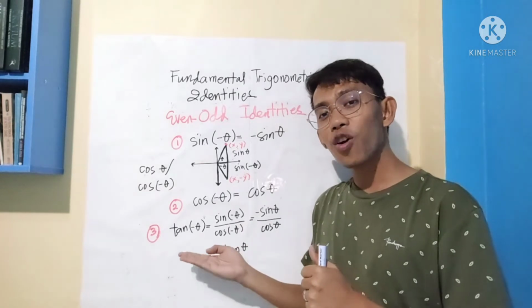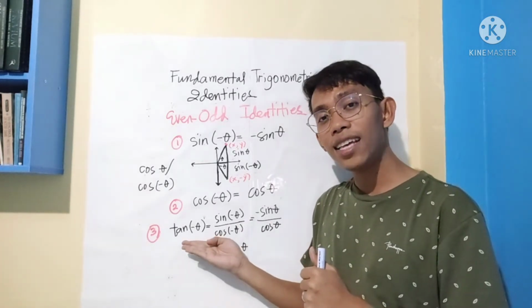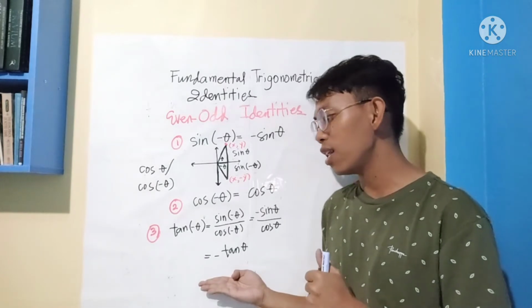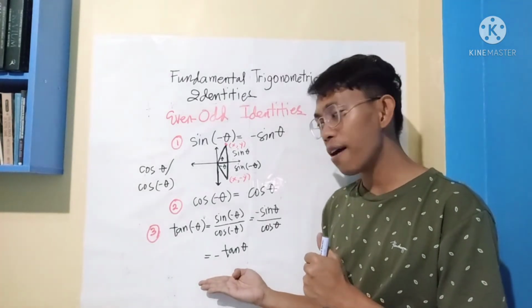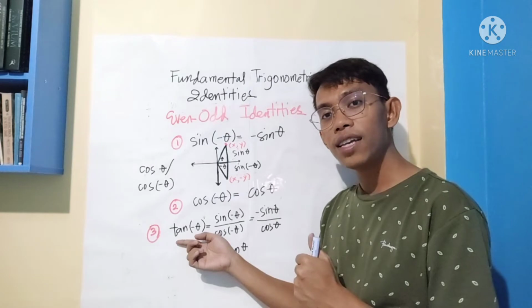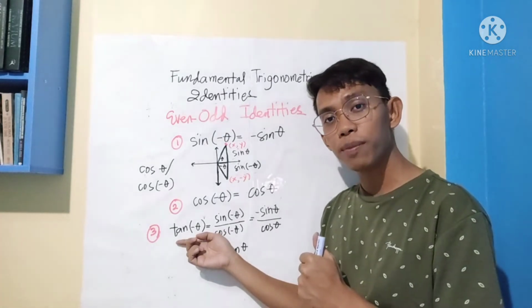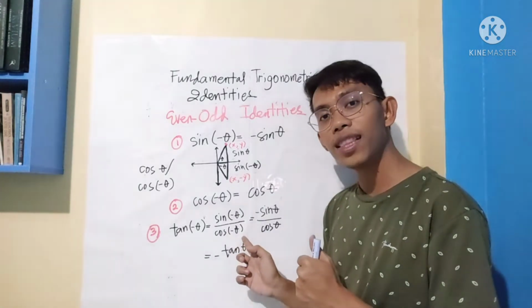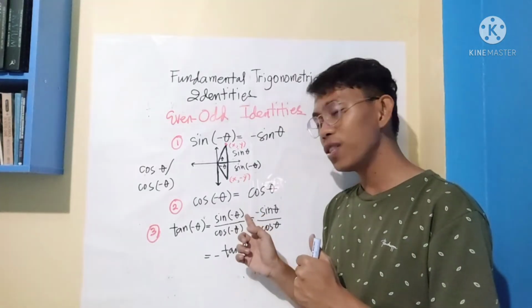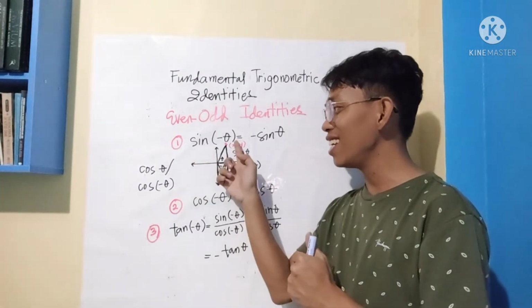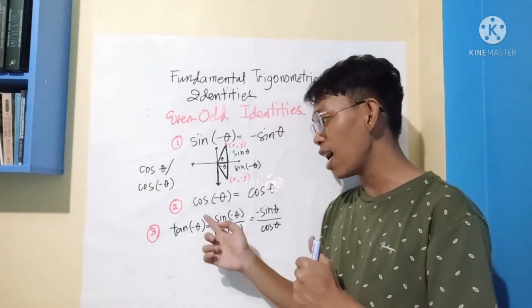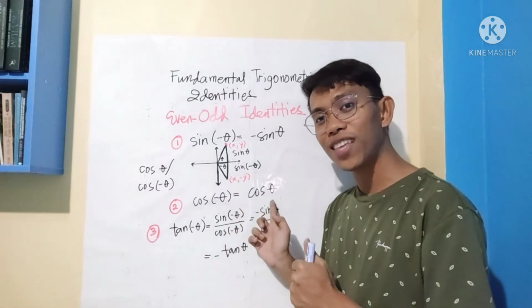Lastly, the tangent of the negative of an angle is equal naman sa negative nung tangent nung angle. So, to explain that, we have tangent of negative theta equals the ratio or quotient between sine of negative theta and cosine of negative theta. And we know that sine of negative theta is equal to negative sine theta, while cosine of negative theta is equal to cosine of theta.